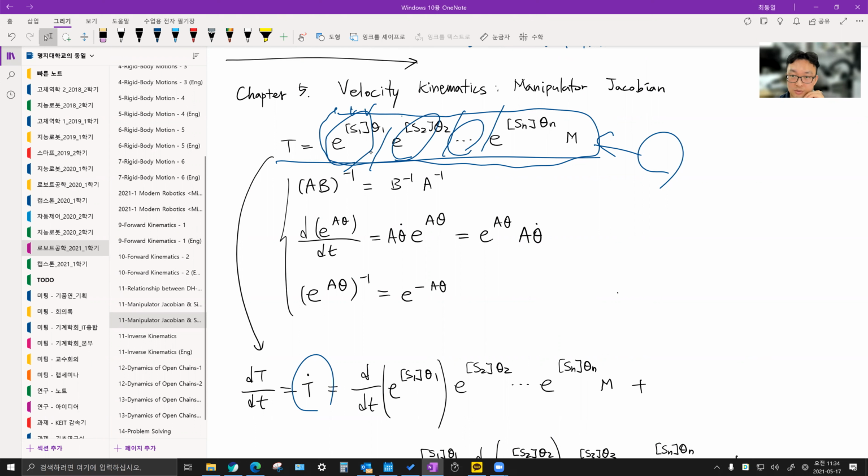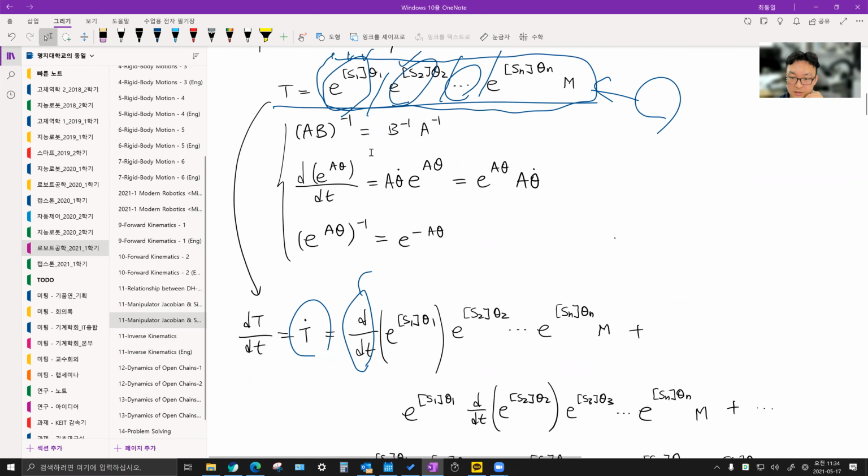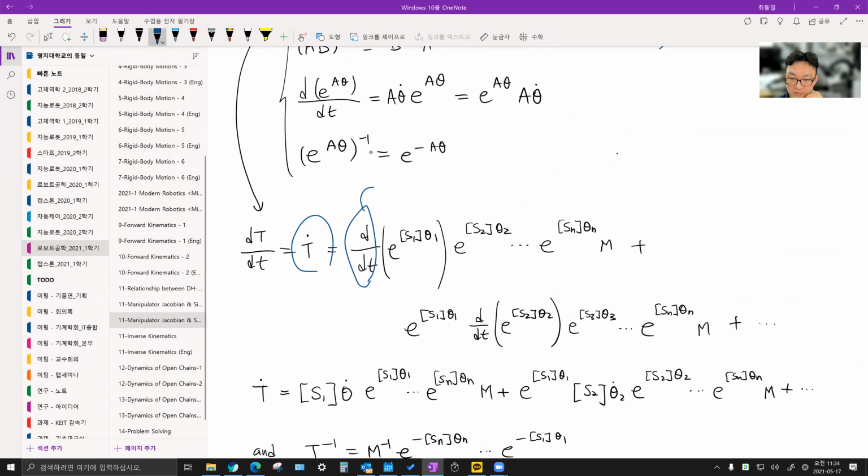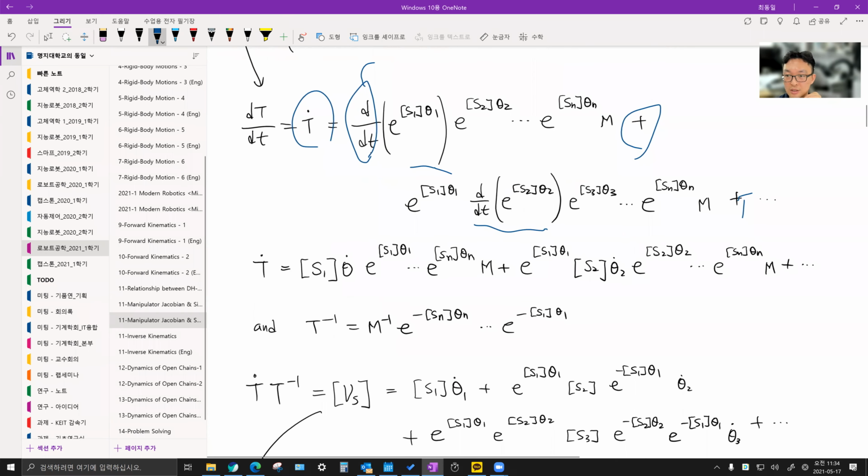So all these components should be time derivatives like this. The first element is time derivative, and then plus the second element time derivative, plus the third element time derivative. So if we write it down here, we can write it like this.